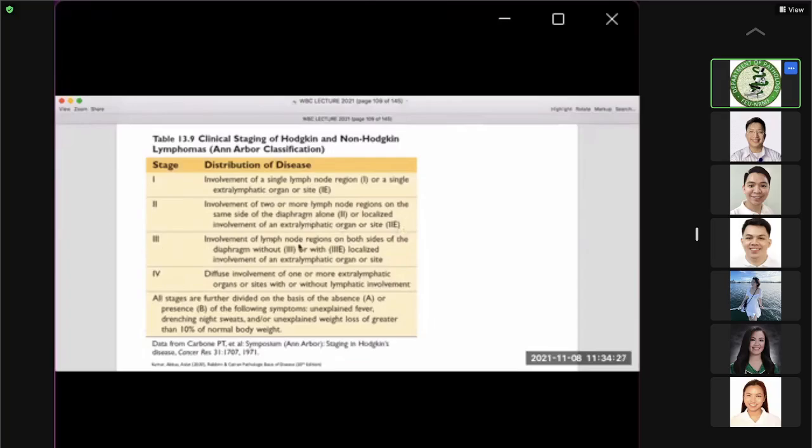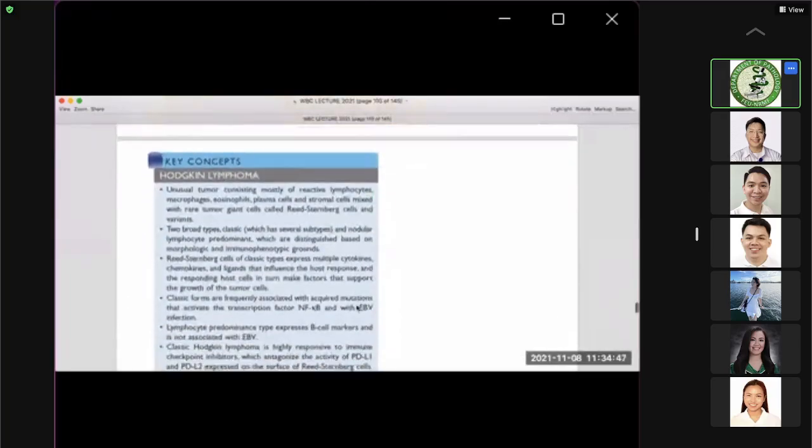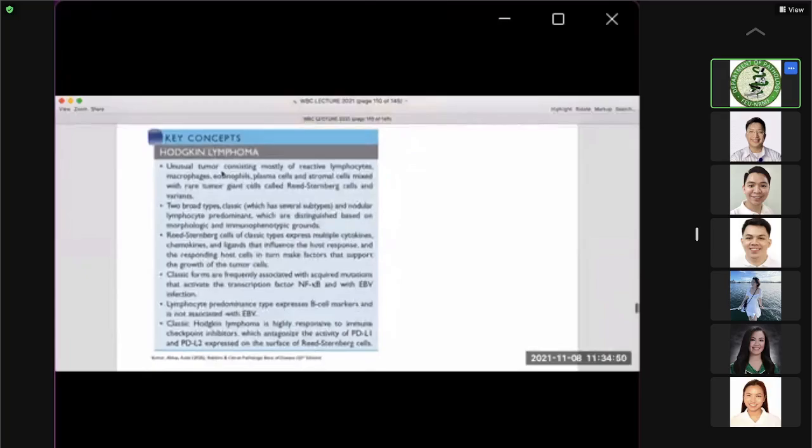Stage 3, involvement of lymph nodes on both sides of the diaphragm, with or without localized involvement of an extralymphatic organ or site. And then stage 4, diffuse involvement of one or more extralymphatic organs or sites, with or without lymphatic involvement.